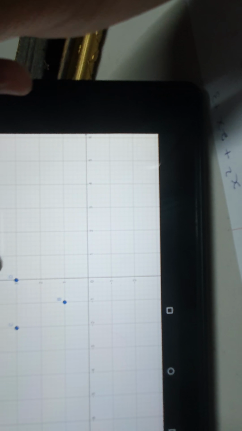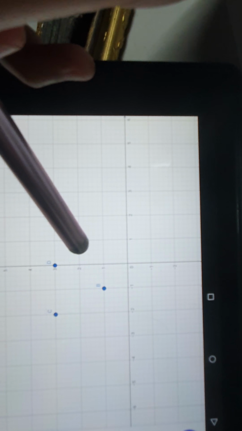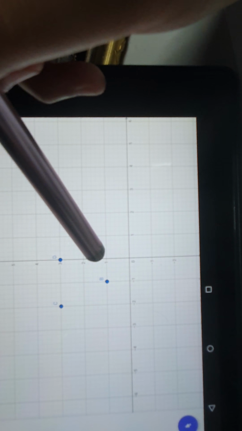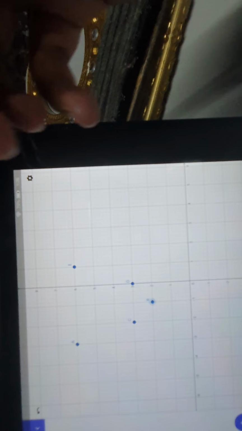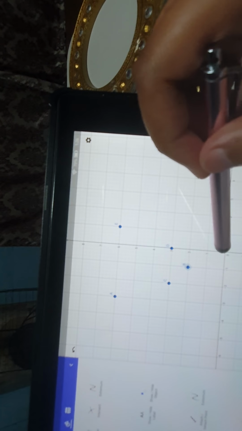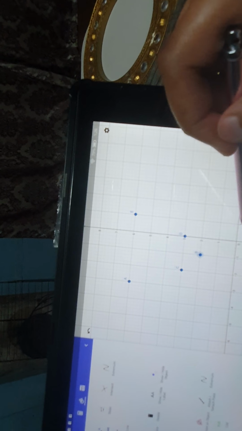Then I have negative 2, 3, negative 1, negative 1, 2, that's supposed to be. Okay, so I'm going to change that one. That one actually is supposed to be negative 1, 2. Alright, so I changed it. That was my bad. Then I have 0, positive 3. And then my next point is 1, 6.